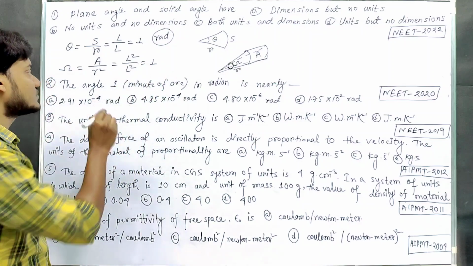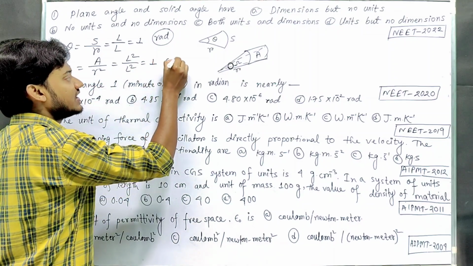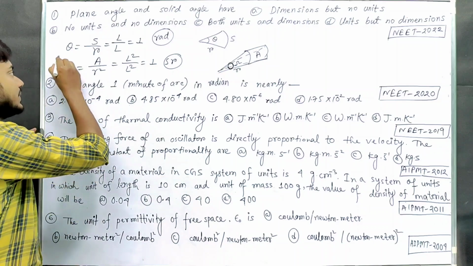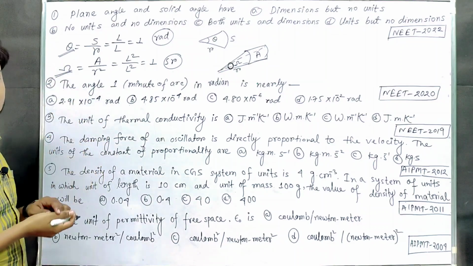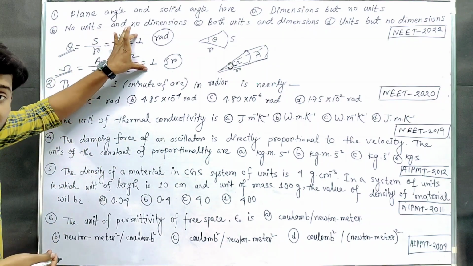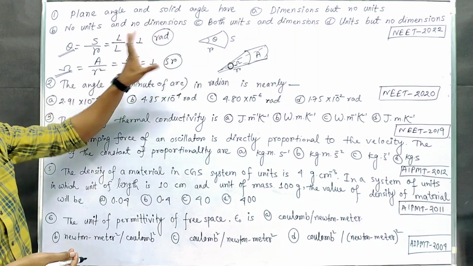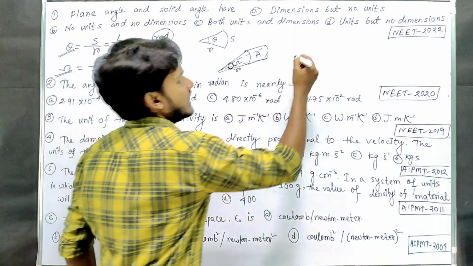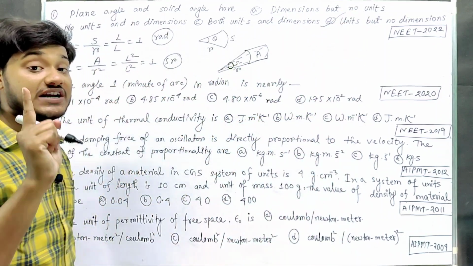But the unit of solid angle is steradian. So plane angle and solid angle both are dimensionless but have units. So the right answer is units but no dimensions.